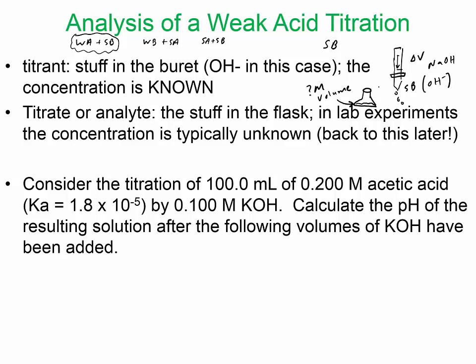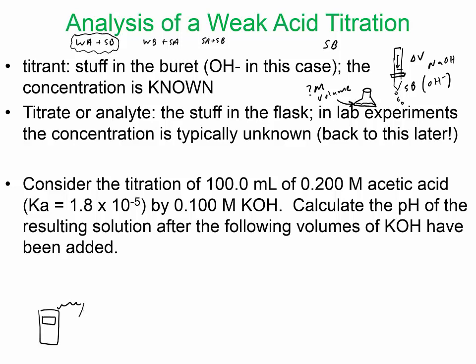So we're going to go step by step through a problem, a weak acid titrated by a strong base, and take a look at all the different points during a titration. Usually your setup looks like this. You'll have a pH meter, and the display looks like that.